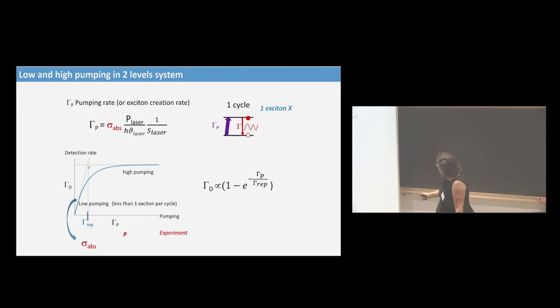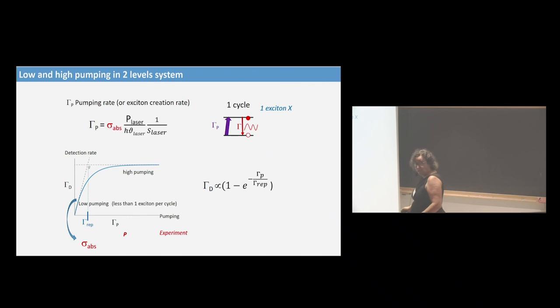In order to simplify, we can say that we have a pumping and emission, and we can define two regimes, the high pumping and the low pumping. In low pumping, you have low power, and you excite very slowly to this upper level. And once you are here, you can emit.